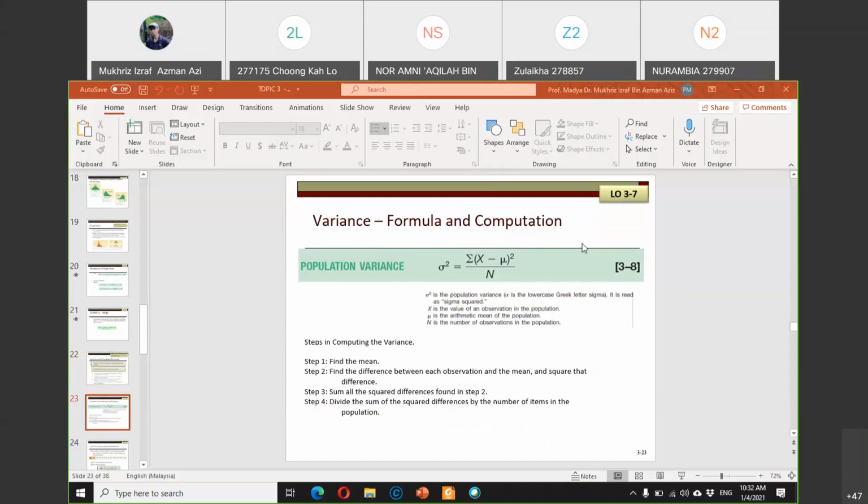So if somebody asks me at the end of the semester how my students perform in BEQ 1023 this semester, once I calculate the standard deviation, then I know whether most of the students have similar performance, based on the variance of the grade.